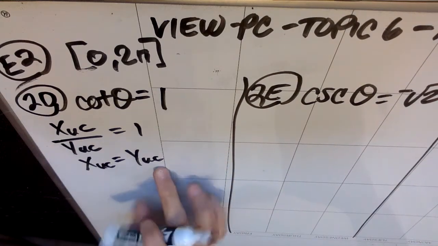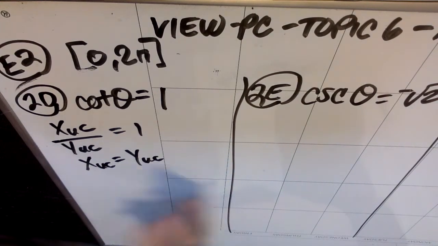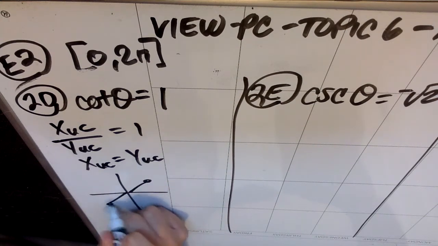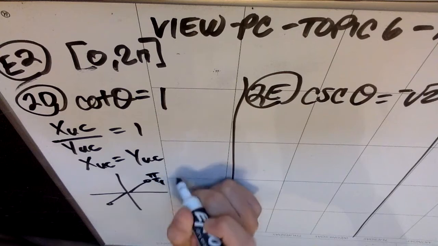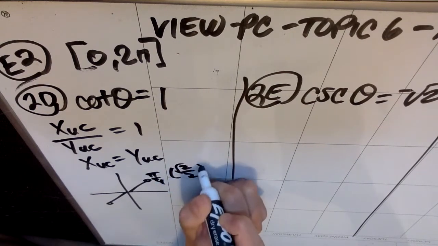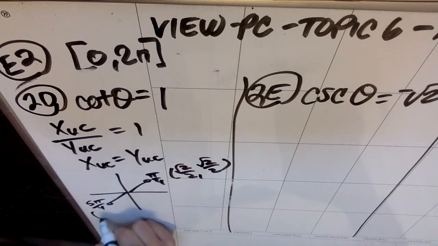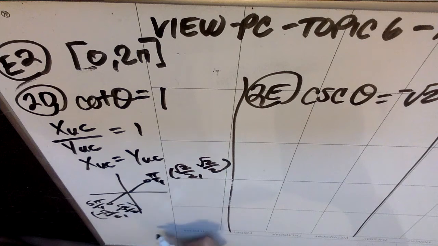So what we're looking for is the same number and literally the same sign because there's no negative sign here. So I'm looking for the pi over 4s in quadrants 1 and 3. So this is pi over 4 because it's root 2 over 2 comma root 2 over 2, right? And this 5 pi over 4, well, the point here is a negative root 2 over 2 and another negative root 2 over 2. So my answer is going to be pi over 4 and 5 pi over 4.